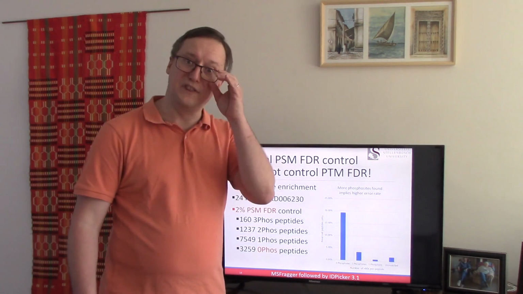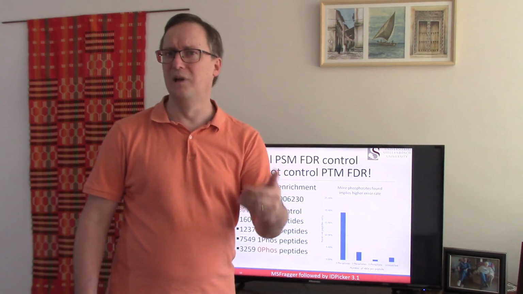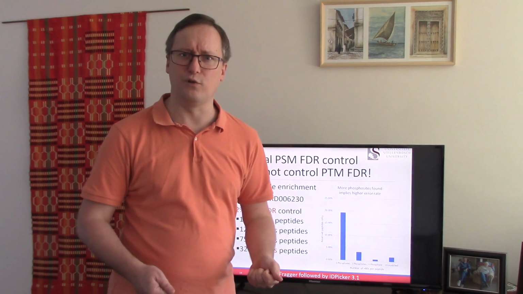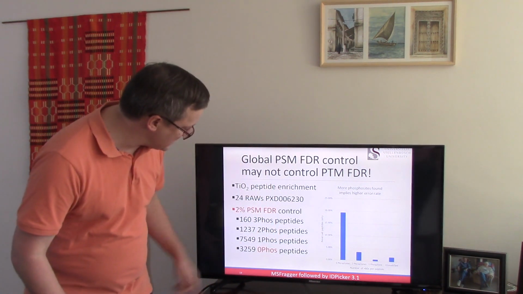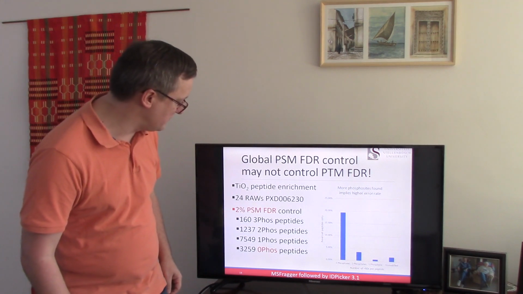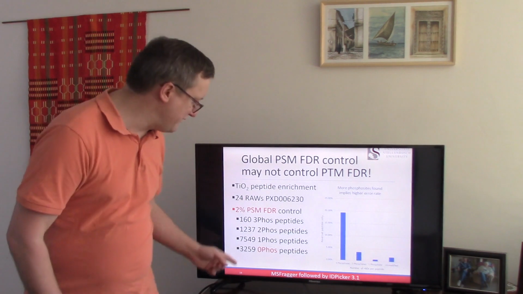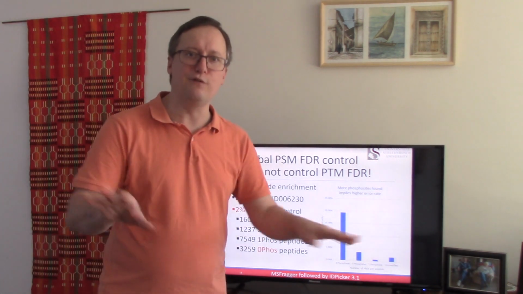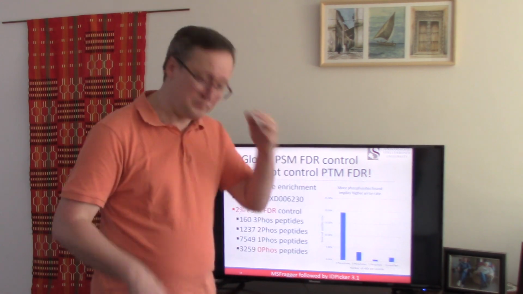So we might start with that first observation, that we use a titanium dioxide column. Doesn't that mean everything should be phosphorylated? And what we see is no. Out of the set, I forget what the total of this is, say 12,000, something like that. Out of roughly 12,000, about a quarter of them had no phosphates whatsoever. That's going to happen, so we just have to deal with it.